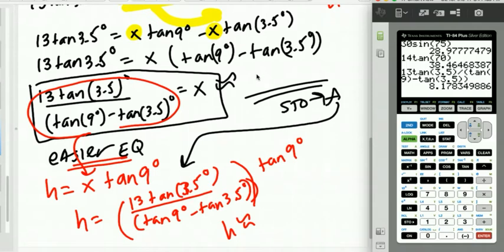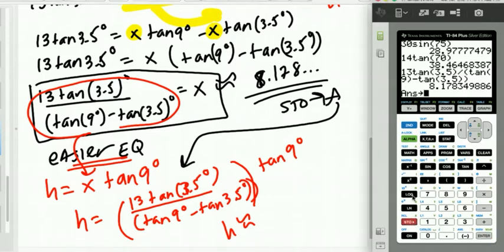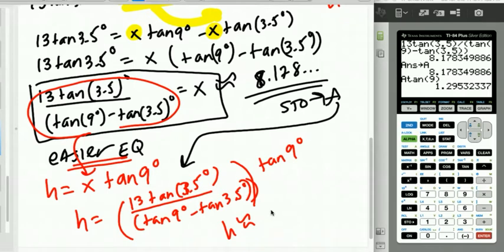So I get 8.178... but I'm going to store it as alpha A, and A is what I'm going to use. So now I'm going to do alpha A tangent of 9, and I'm going to get that h is approximately 1.295 miles.